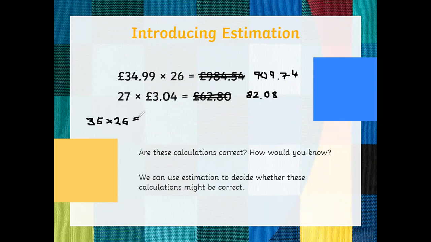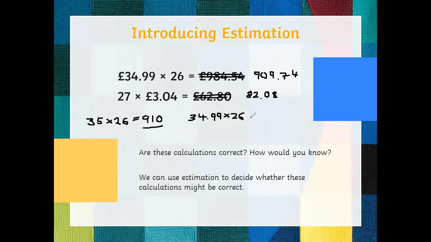And that will be equal to 910. So you can see that is a good estimation because 34.99 times 26 is equal to 909.74, which is very close to 910. So what you could write here is 34.99 times 26.